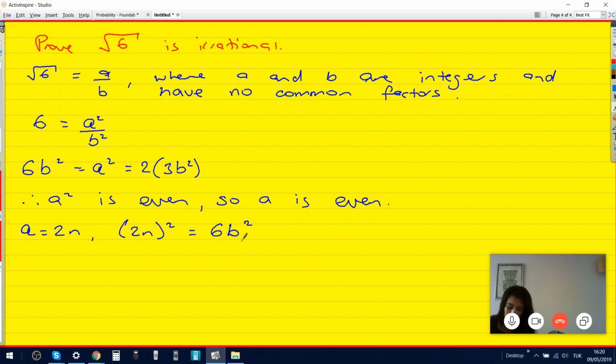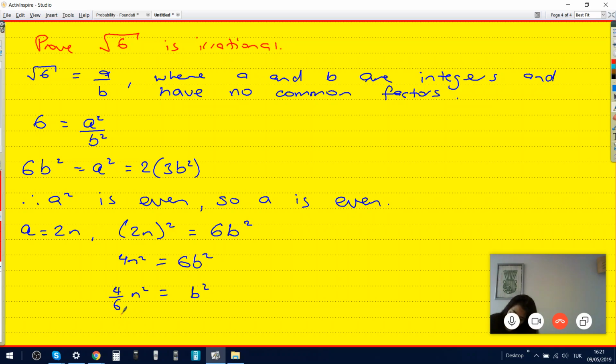And then do you just take a factor of 2 out? So I'd write it as 4n squared is equal to 6b squared, and then make b squared the subject. Four n squared over 6. So you could write that as 4 over 6 n squared, and then take a factor of 2 out of that.